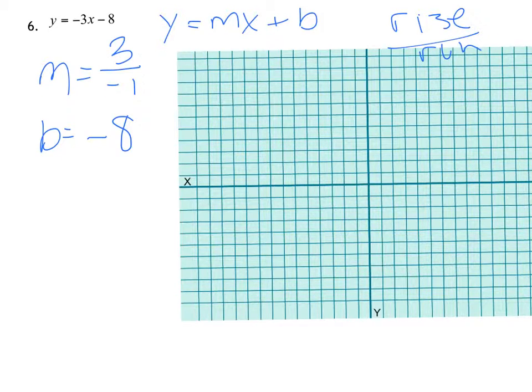Alright, so let me zoom in to the graph and graph the line for you guys. Remember, b is our beginning, and so I want to count down 8. So let's see, 1, 2, 3, 4, 5, 6, 7, 8. And that's where I'm going to put my first dot. That's my beginning.